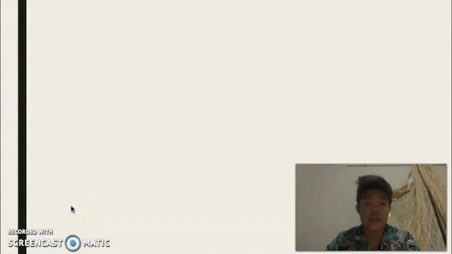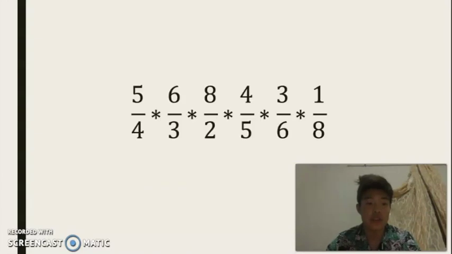So the second way to figure out this problem is by canceling first. So as we see here, we have the same problem, but before we multiply the numerators and multiply the denominators, what we can do is cancel out the terms. So here we have a 5 in the numerator, and we can see we also have a 5 in the denominator, so we can cancel them out.